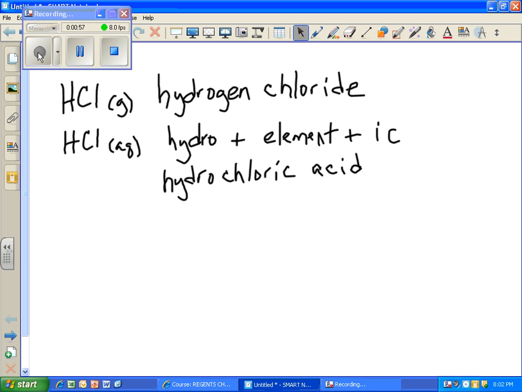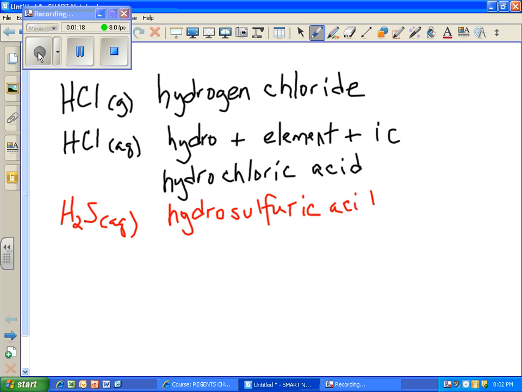Another binary acid would be H2S, aqueous. Two elements, one of them is hydrogen. So this would be hydro plus the element, so this would be hydrosulfuric acid.